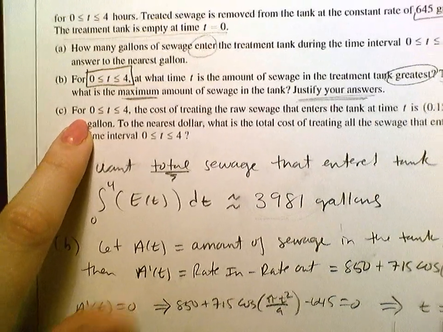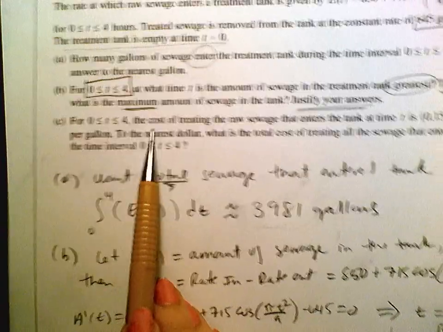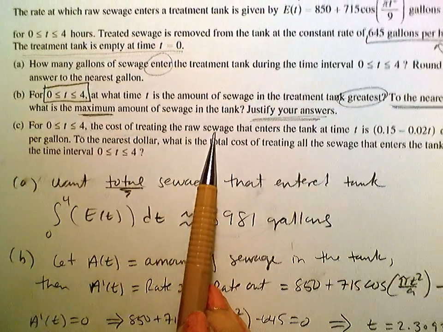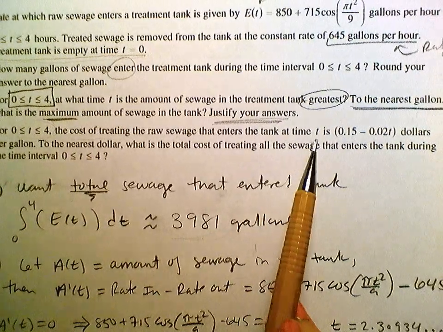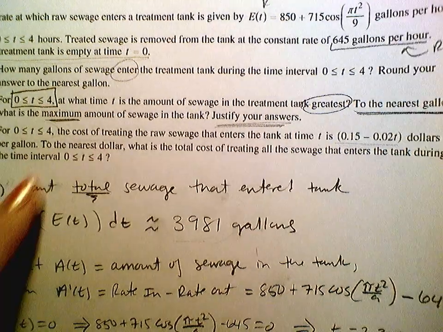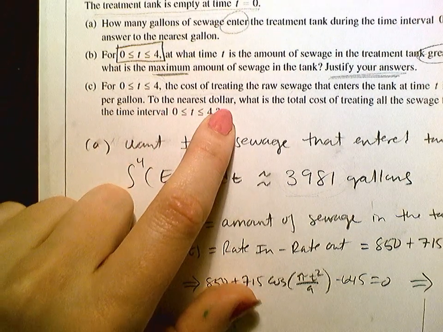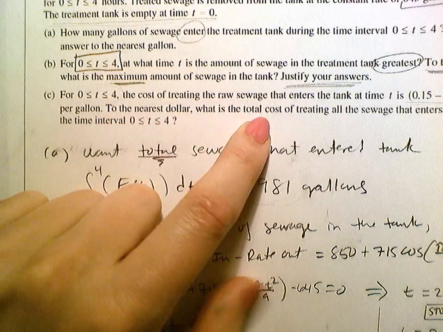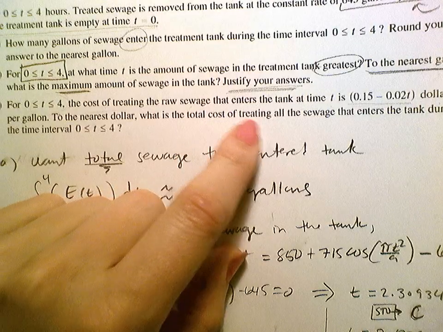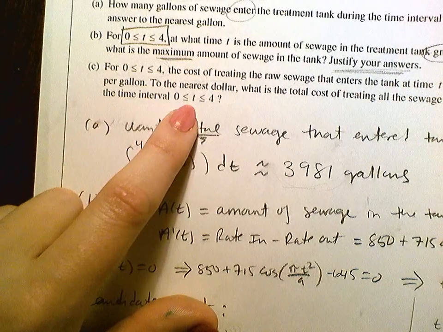Okay, now there is just one more part to this. Take a break if you need to. For this time interval, the cost of treating the raw sewage that enters the tank at time t is this many dollars per gallon. To the nearest dollar, what is the total cost of treating all the sewage that enters the tank during this time interval?